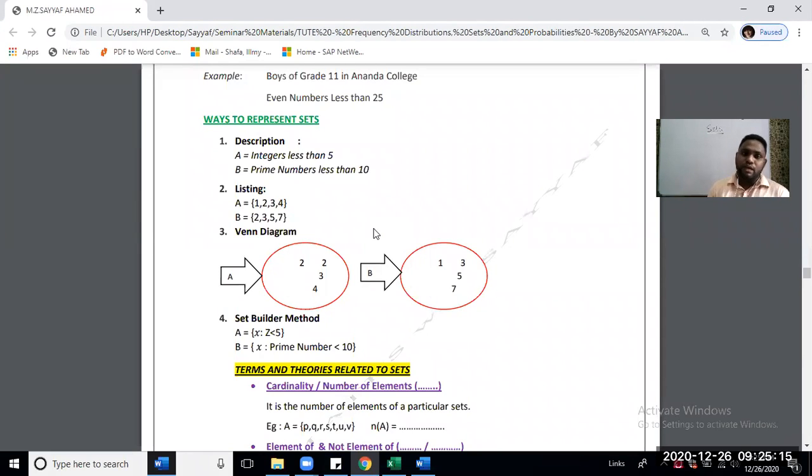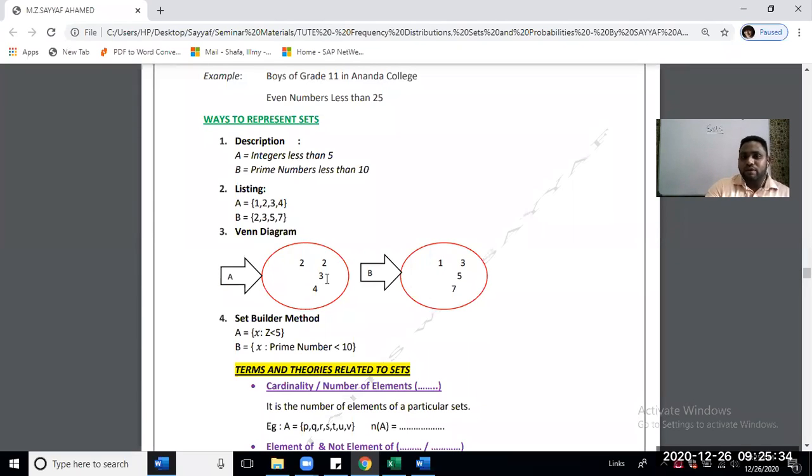And a Venn diagram is where, with an oval or a square, we show A and B. You can see there are examples given to you over here, where you can't have commas when you are drawing a Venn diagram, and also you can't repeat the same element in listing and Venn diagram.